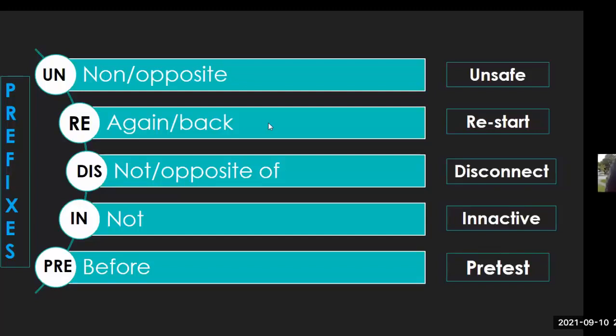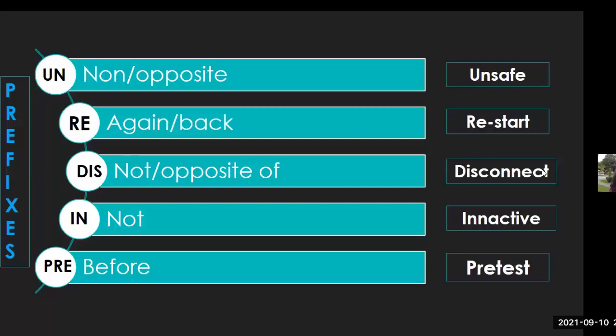All right. So we were talking about the prefix re, right? It comes before the root word. And I also have another one that means not, opposite of. This also has the meaning non, opposite of, so when you add this to a root word, like for example the word connect, right?